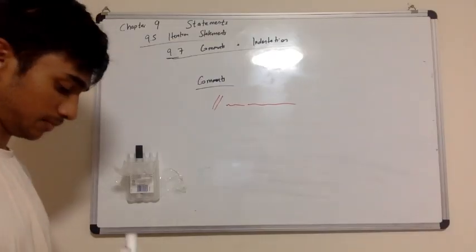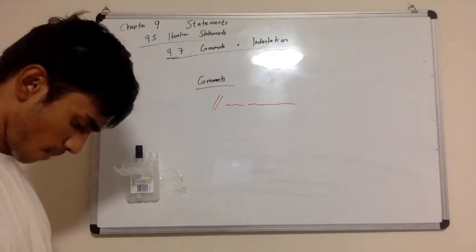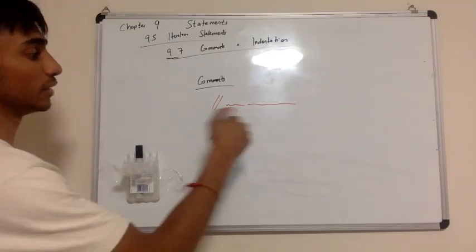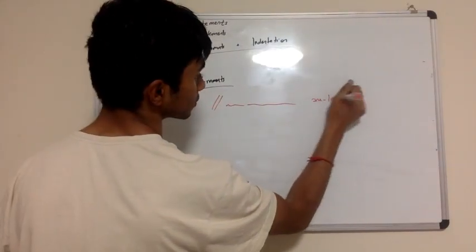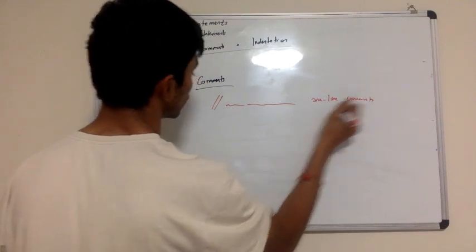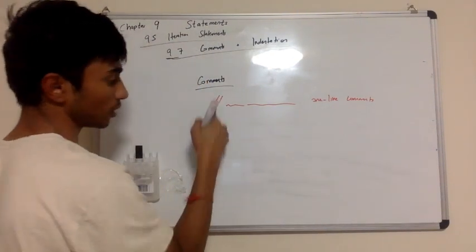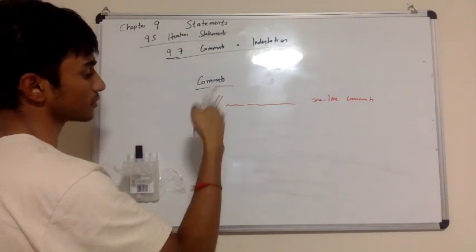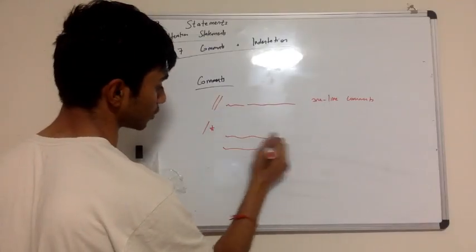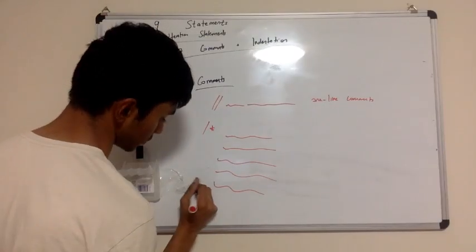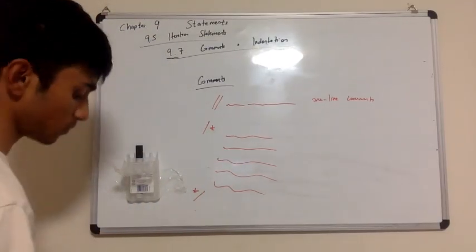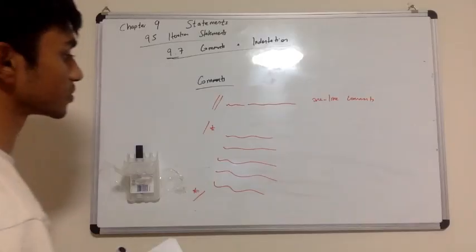Now, this is for one-line comments, and the other way is if you have a slash and then an asterisk, and you close it with an asterisk and a slash. So this is multi-line.